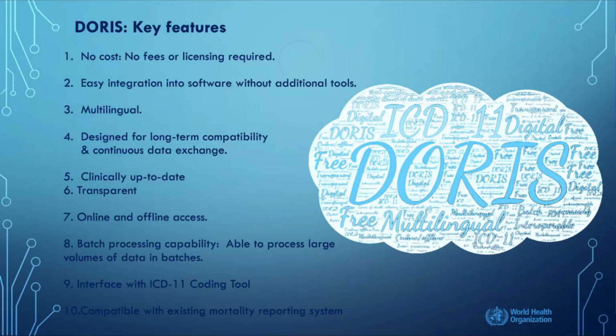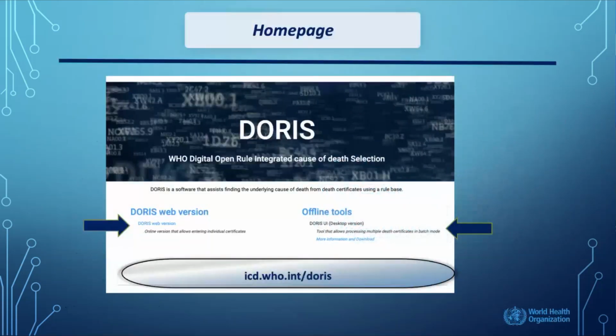It has no needed license or specific license. It's multilingual, as all our tools, clinically up to date, and transparent. It can be used online and offline, and it has an interface with the coding tool that we mentioned earlier, and it's used to select the underlying cause of death, as I mentioned, automatically.